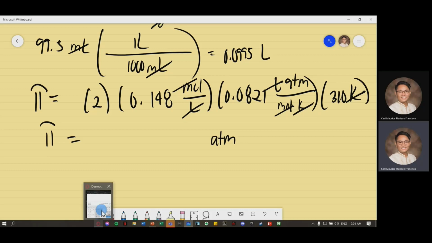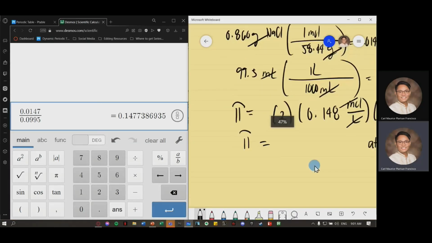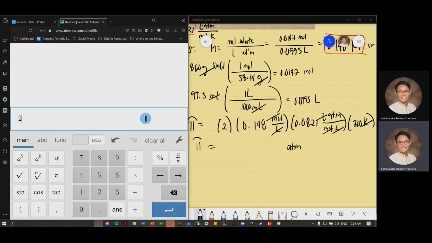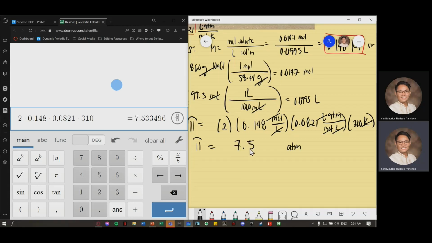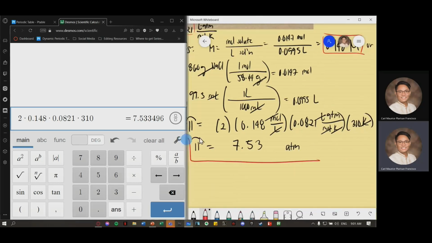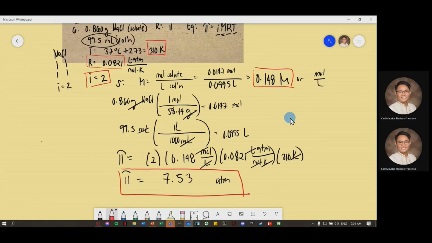Okay, so type this now on the calculator. 2 times 0.148 times 0.0821 times 310. So to 3 significant figures, 7.53 atmospheres is the osmotic pressure of this particular colligative solution or electrolyte solution. Okay.